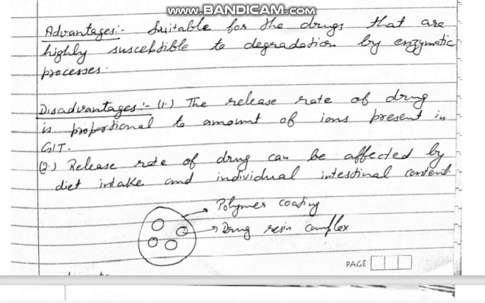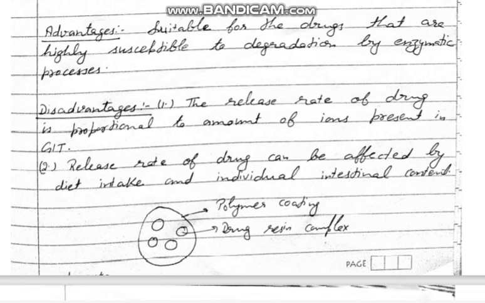And the disadvantage is the release rate of the drug is proportional to the amount of the ion present in the GIT. If the ions are very less, then less amount of the drug will be exchanged with the ions. Release rate of the drug can be affected by diet intake and individual intestinal content.